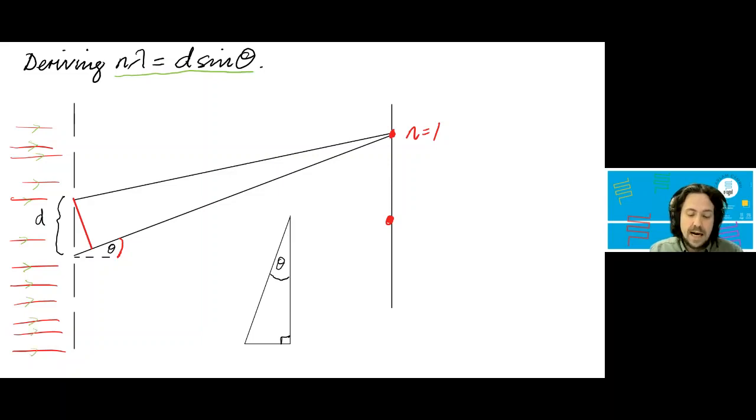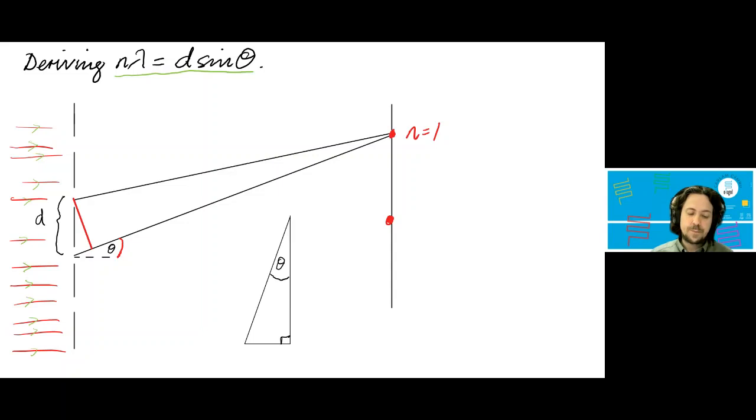The light is going to diffract through all of them, and they're all going to add together to produce a diffraction pattern. That is why we get such a superior pattern, because we've got so many sources.